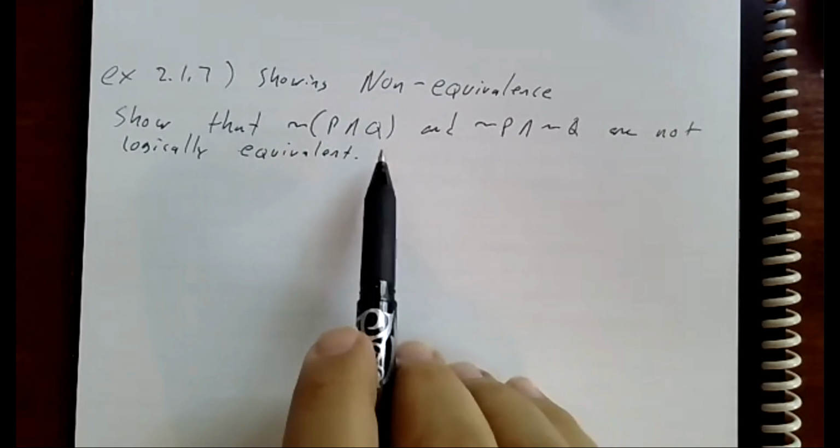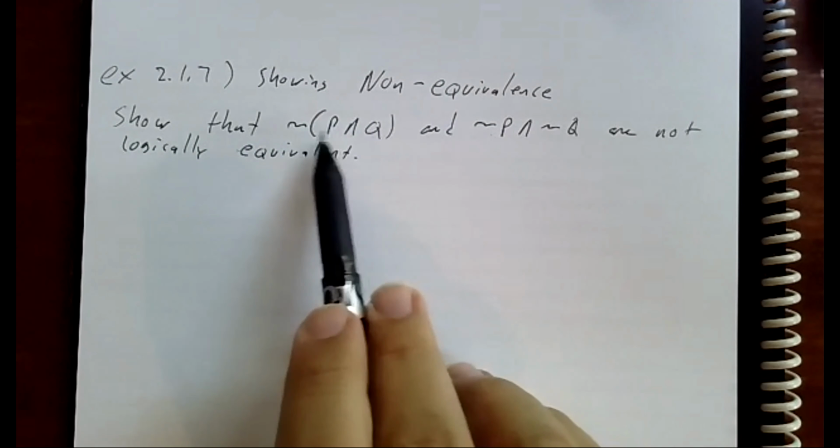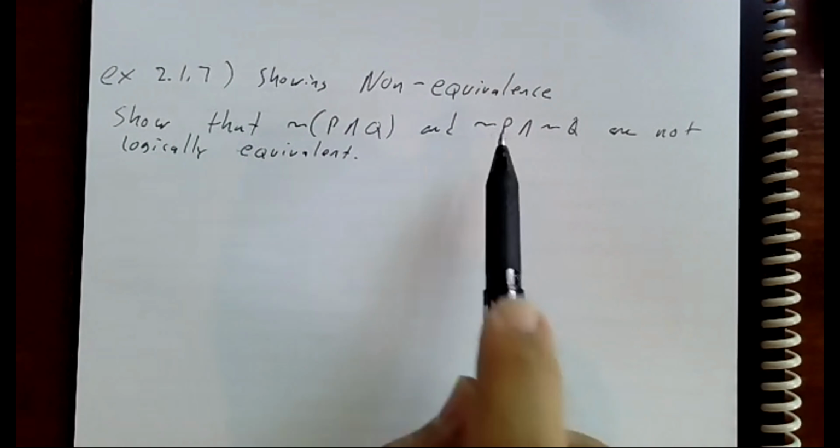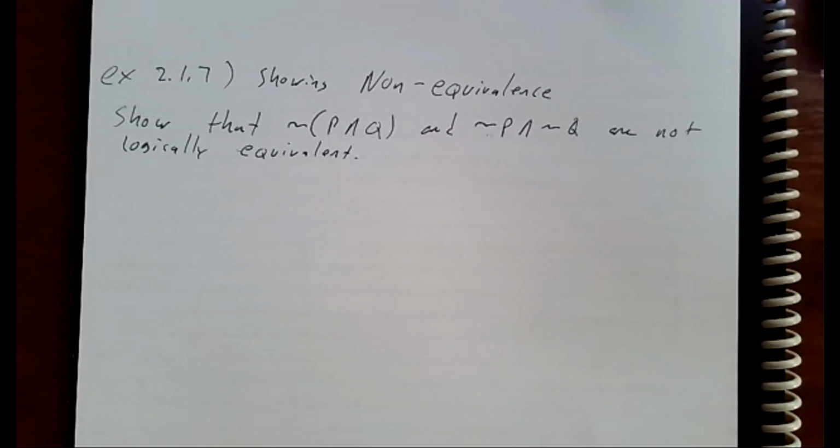So notice how we're negating the and statement, and this is saying not P and Q, and this is saying not P and not Q. So it looks like they should be the same, right? But they are not, and we will show that they are not.